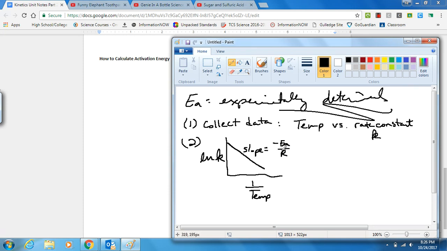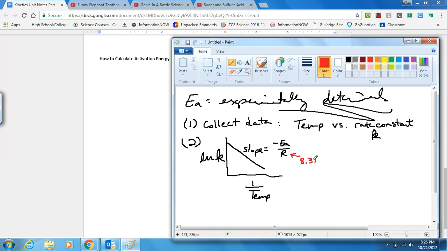So where I'm going to find my activation energy is from this slope for a natural log of K versus 1 over temperature graph. You have to be very specific on what sort of graph you're dealing with. Now, slope is not equal to negative activation energy or activation energy. Slope is equal to negative activation energy over R. And this R value is your gas constant, but since we're dealing with energy, we use 8.31.